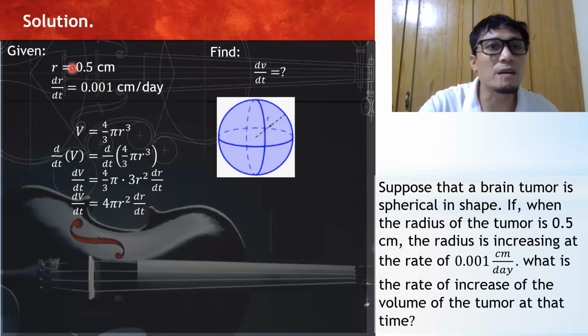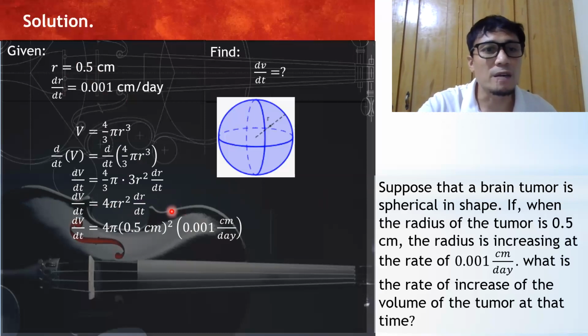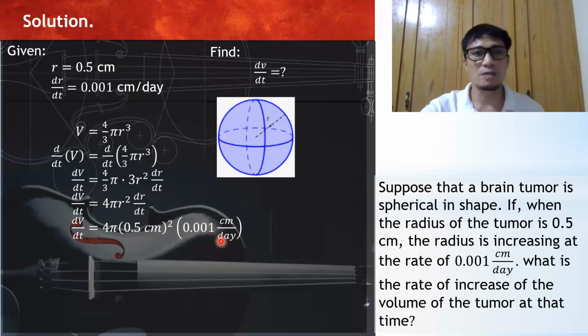And we can see that they are the given quantities. So we can simply plug these into the formula. So we have dV/dt equals 4 pi, your r, which is 0.5 centimeter quantity squared, and then your dr/dt, which is 0.001 centimeter per day.